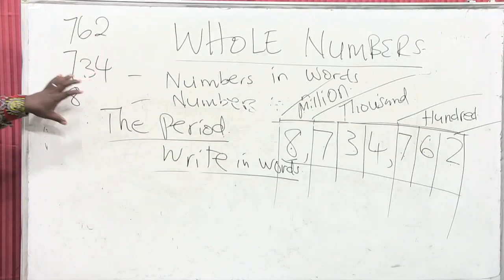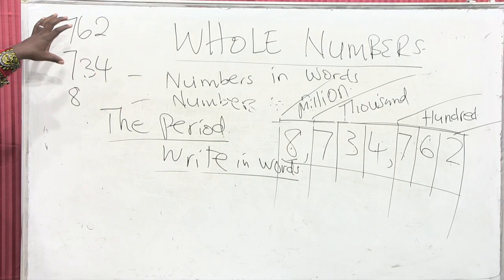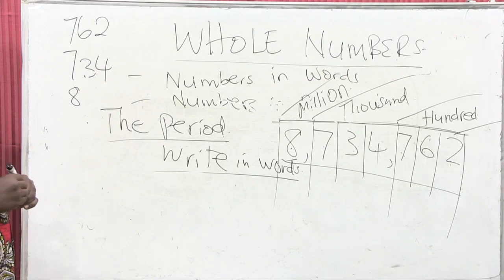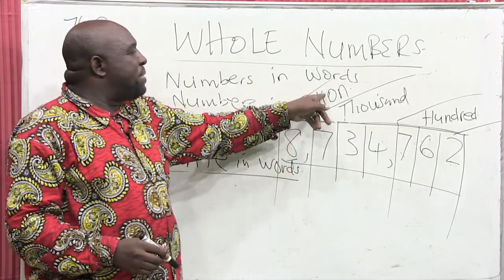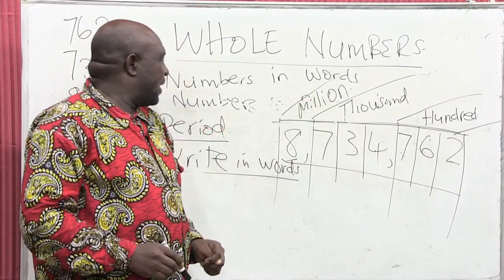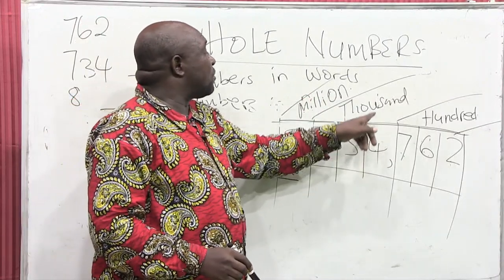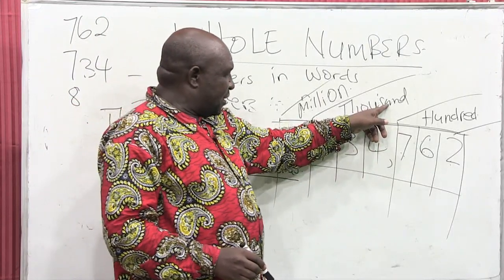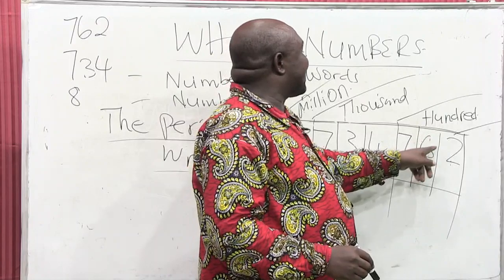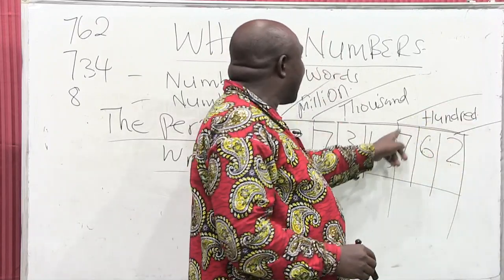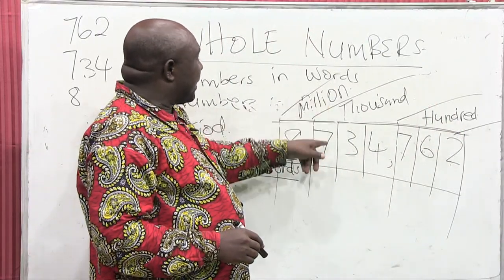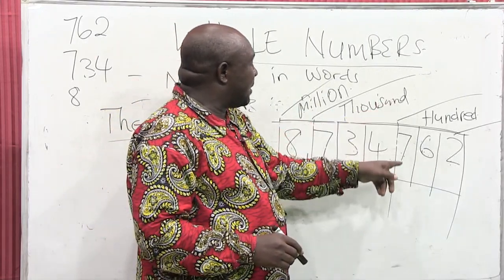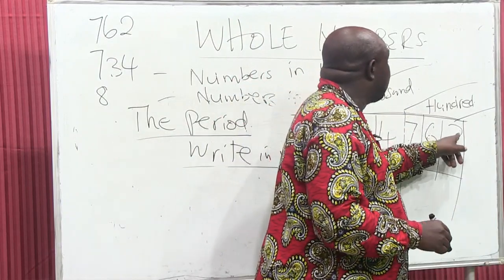Now, combining the periods, we read this number as 8 million, 734,000, 762.